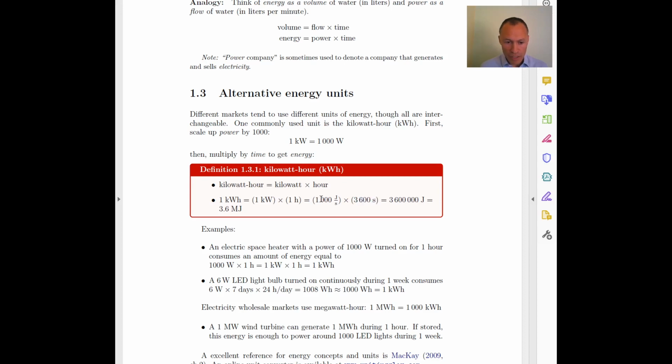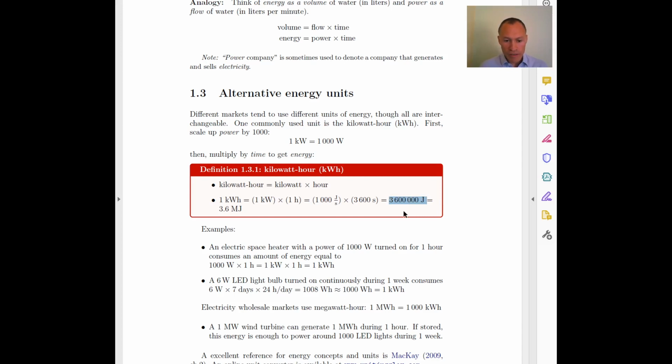So this times this gives me 3,600,000. And again, joules per second times second. The second cancels with this second, and I get just joules, which was our basic measure of energy. So the kilowatt hour is a measure of energy.